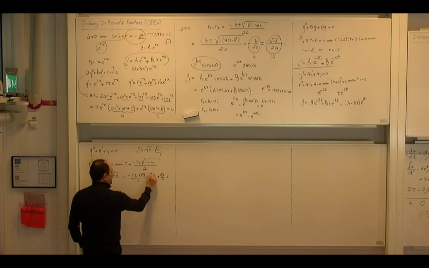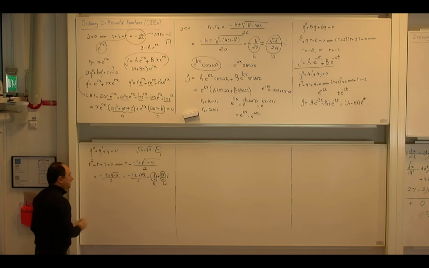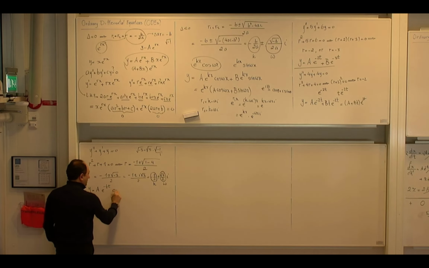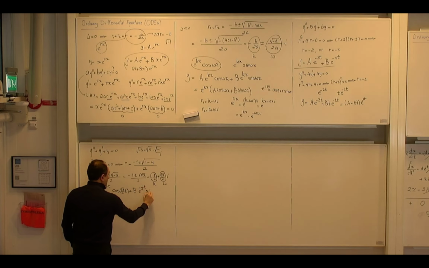So now I have to have the formula in my head. This number is k. This number, be careful, the positive one, is omega. And then the formula is there. So y becomes A e to the power k times t multiplied by cosine omega times t, plus another constant B e to the power of the same k, sine of the same omega t.